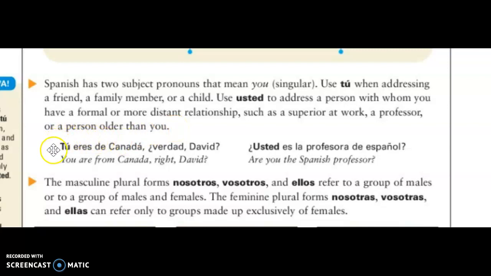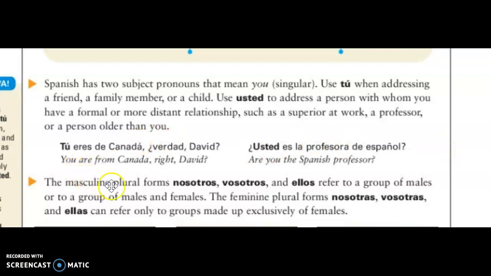Tú eres de Canadá. ¿Verdad, David? So this is somebody that you're speaking to informally, or also known as familiarly. And then usted es la profesora de español. You are the teacher of Spanish. So since you're addressing a teacher, you would speak with a more formal tone using usted instead of tú.